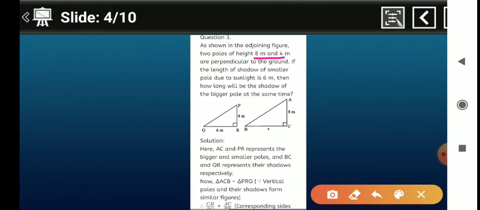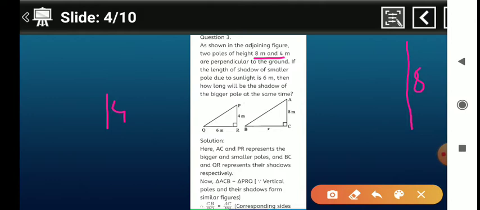So here the question is an application level question. Two poles are there, one is the small pole and one is the bigger pole. The small pole has a height of 4 meter and the bigger one has a height of 8 meter.